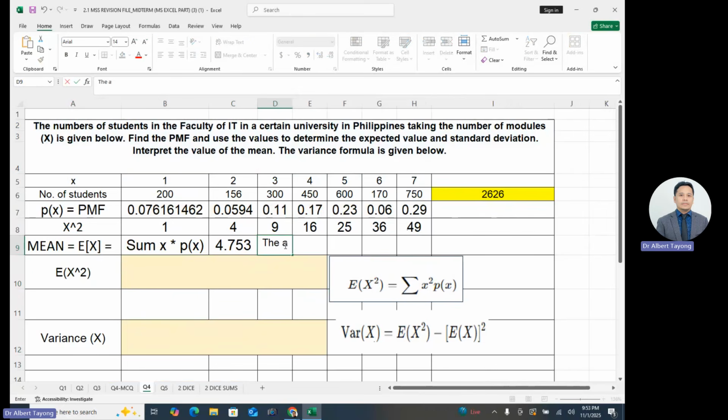So the average number of modules taken by the students is 4 to 5 modules.